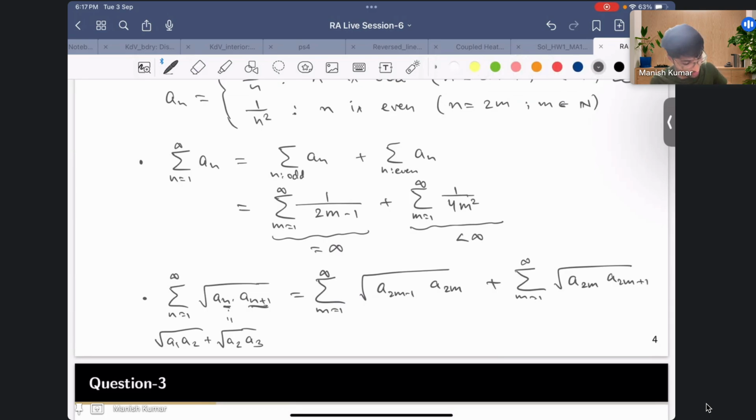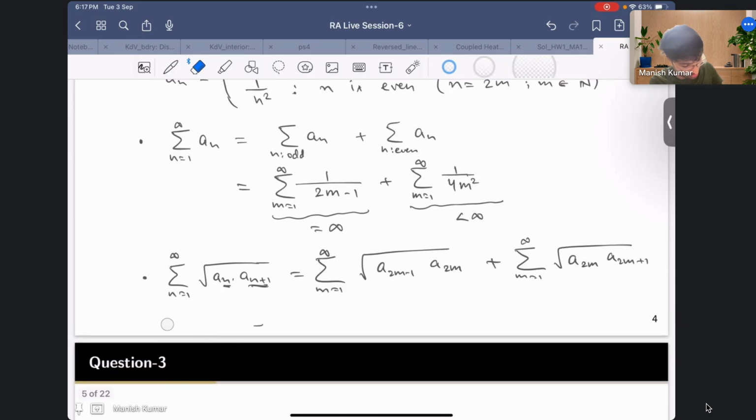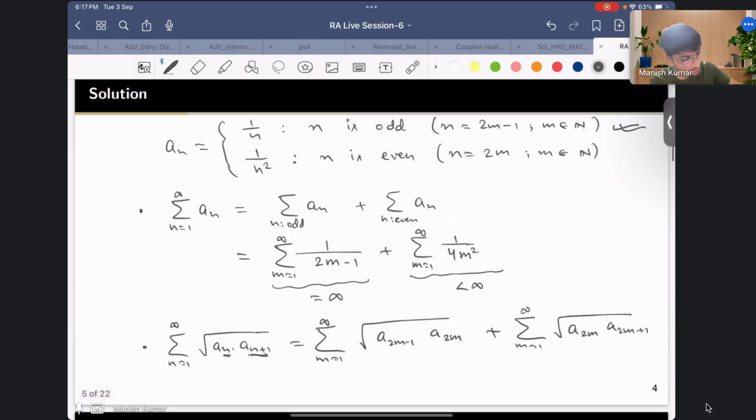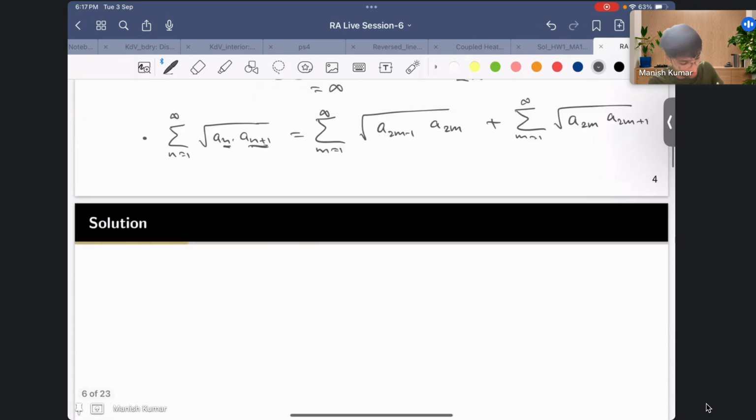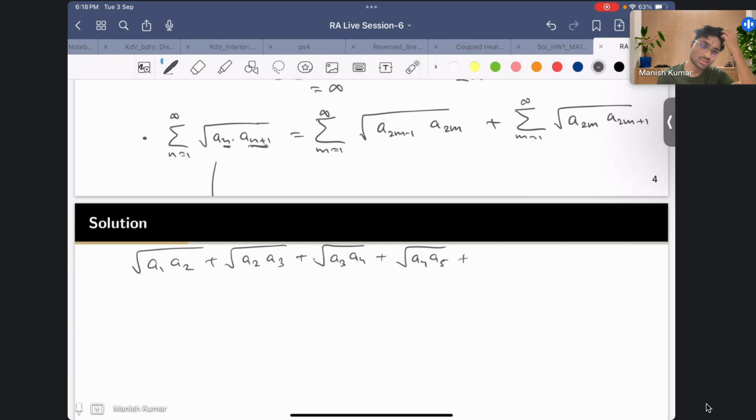So what I have done is basically this. Let me precisely write what I have done. Look at this term: this is root a1 a2, root a2 a3, root a3 a4, root a4 a5. This is how these terms are. This series is given in this form.